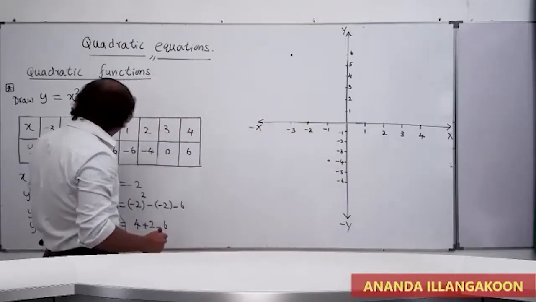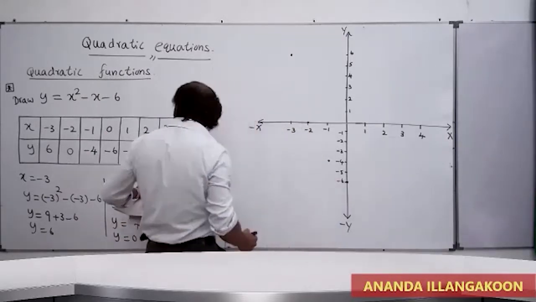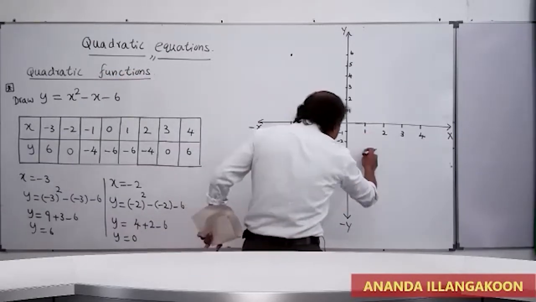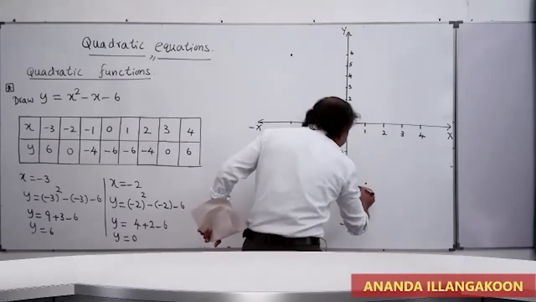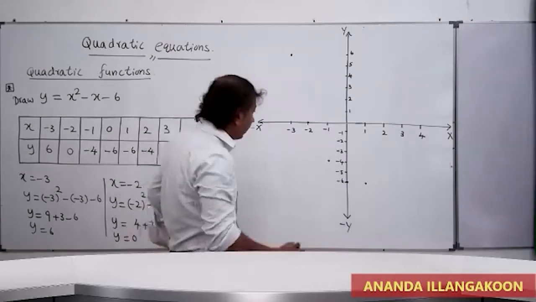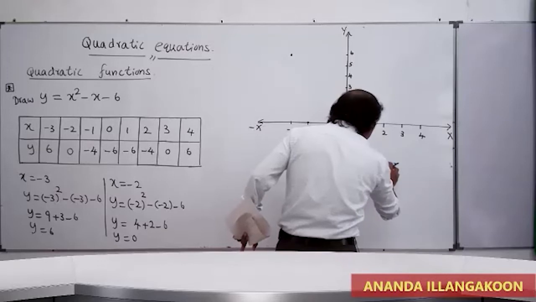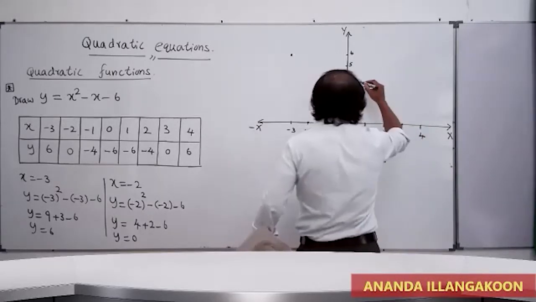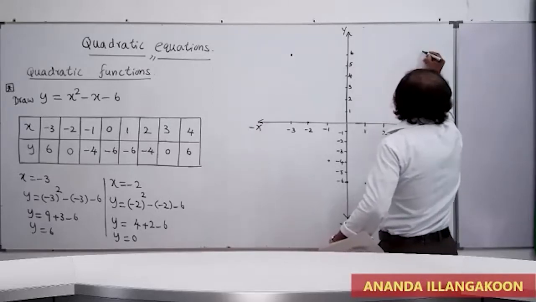And when x equals 0, it's minus 6, exactly here. x equals 1, y is minus 6. Write this point. x equals 2, y is minus 4. x equals 3, y 0, x equals 4, y 6. This is how we get the points.